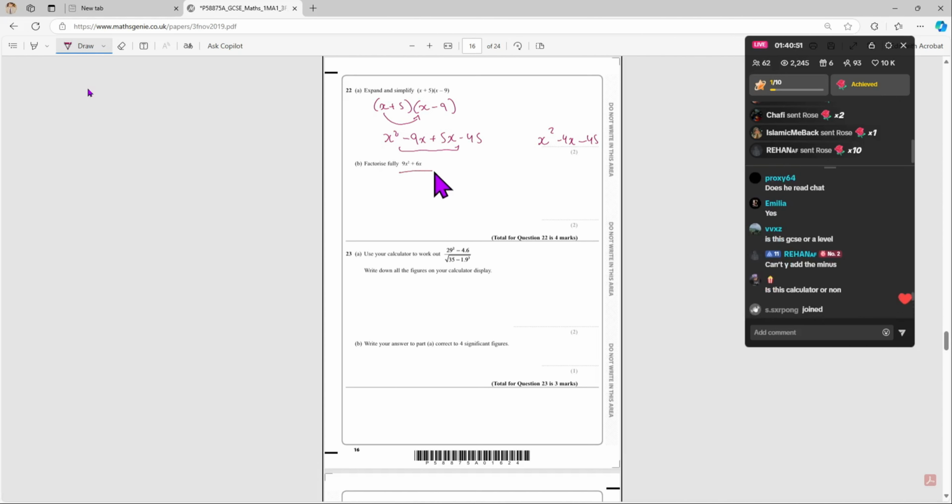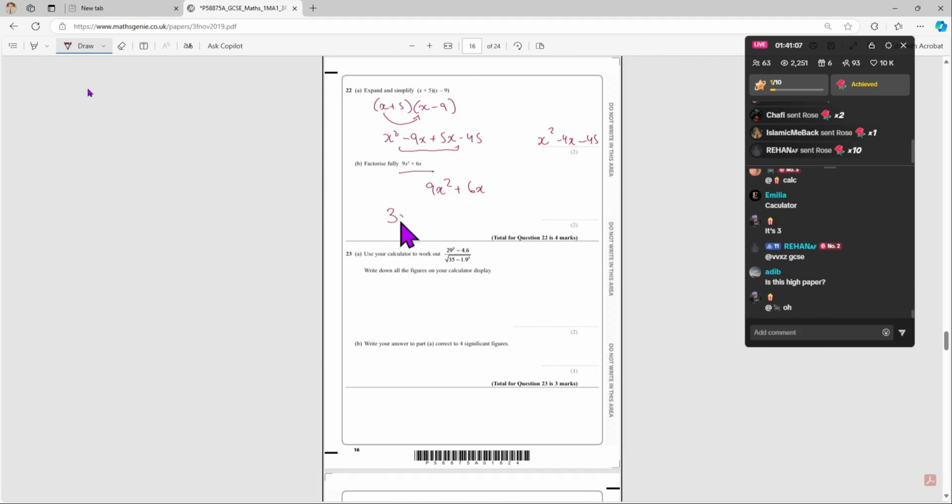So in this specific one, we have 9x squared plus 6x. The highest common factor for the numbers is 3. But we also can see that 1x is common in both of these terms. So 3x will be our highest common factor.